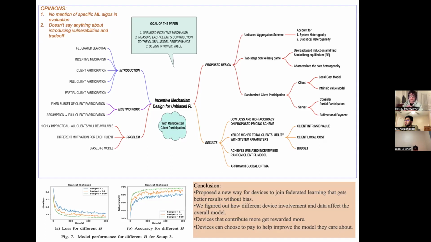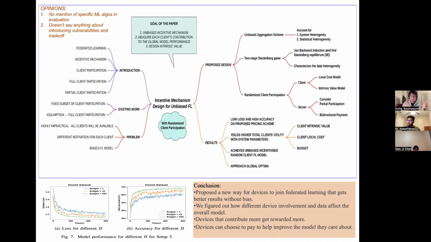Also, it achieves an unbiased, incentivized random client federated learning model, and the authors show that it almost approaches the global optimum. We can see from the diagram this claims about the results. The model has better accuracy with our proposed design.